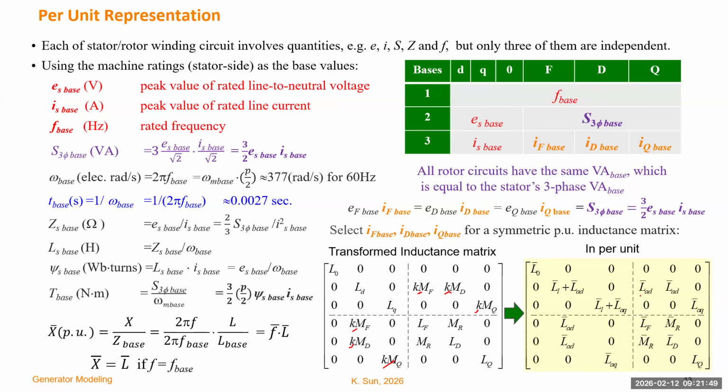And finally, we hope for any mutual inductance, for instance the mutual inductance coupling the stator windings, and also coupling the stator winding with rotor winding, to all have the same value. So this can largely simplify the inductance matrix in per unit.